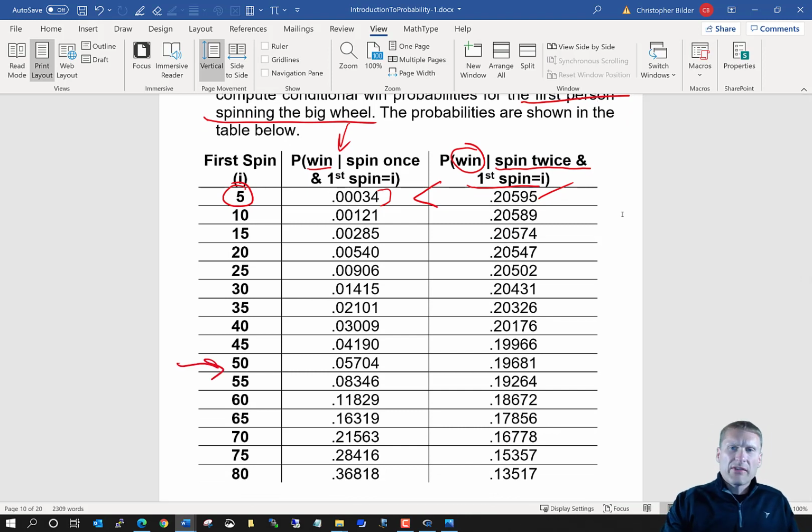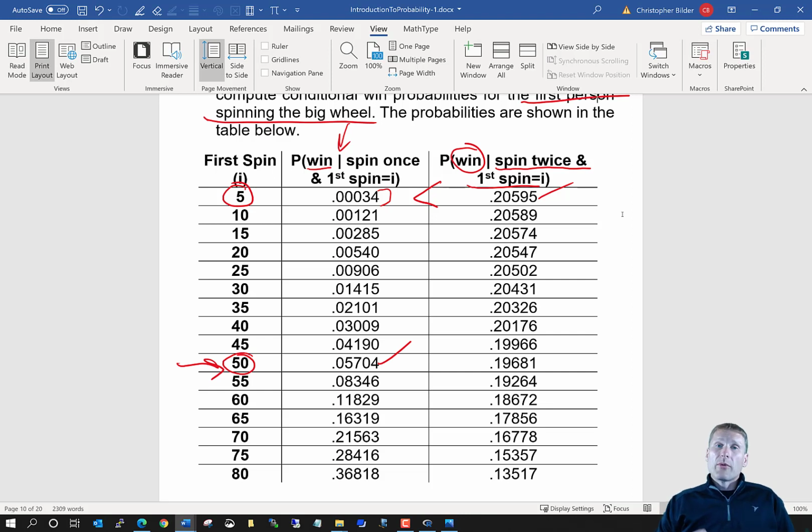Let's look through this table here. Let's look at 50 cents. So let's say you got 50 cents on that first spin. Now you're halfway there to $1. So you might be thinking the probability of winning is probably going to be about equal. But in fact, that's not true. Given that they got 50 cents on that first spin and decided to only spin once, the probability of winning is only 0.0574.